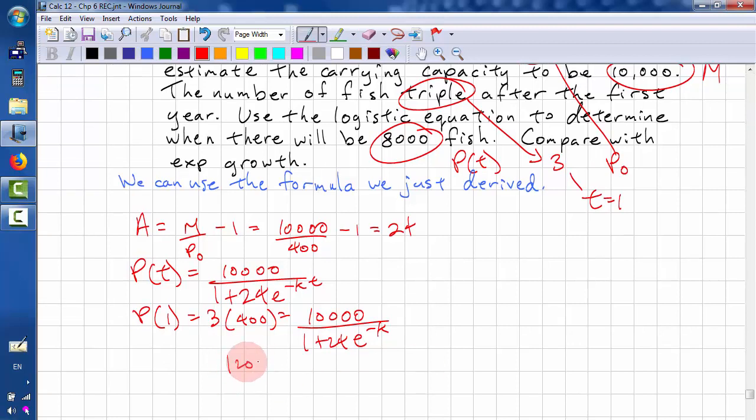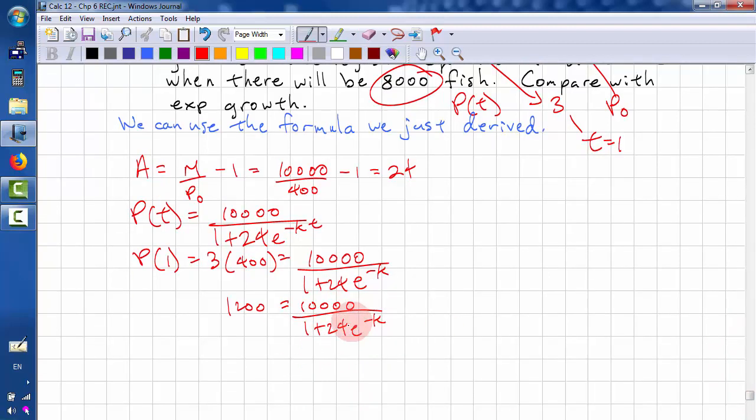So 1,200 equals 10,000 over 1 plus 24 e to the minus k. Because this is in the denominator, I'm going to move this over to this side. We have 1 plus 24 e to the minus k equals 10,000 over 1,200.